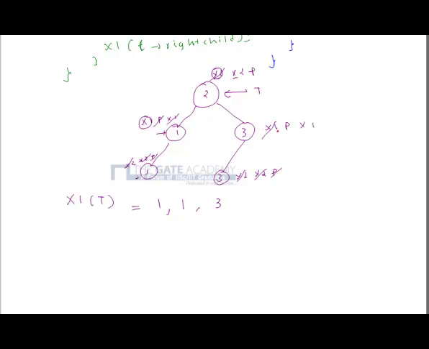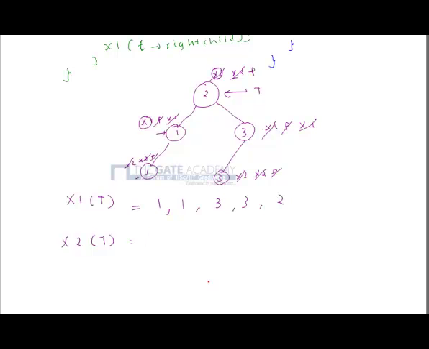We'll come back here. This is done. Now we'll print 3. We'll call x1. It does not have right child. This is also done. Now we'll come back to root. Second x2 is also done. Now next is print. So x1 of t will be 11332.